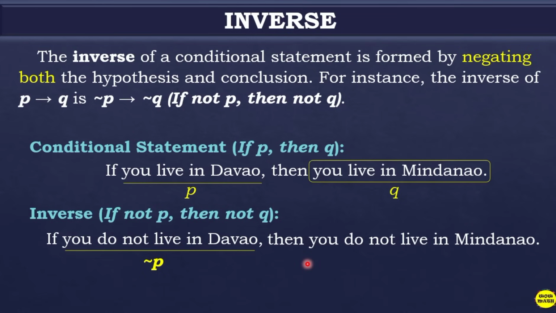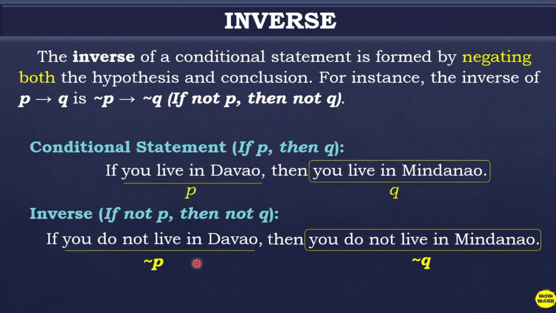So, this is your yung ninegate natin na hypothesis. And this is the negation of Q, your conclusion. Okay? So, ito po yung ating negation of P and negation of Q. Okay? So, ininegate natin. So, as you can see, meron tayong word na not.